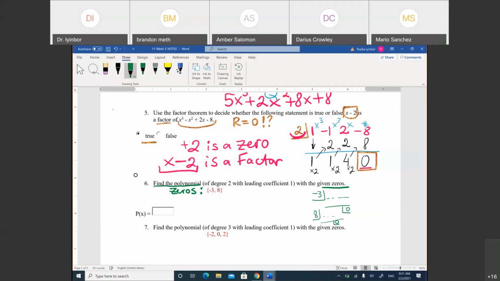So now, from the given 0s, can you find what the polynomial is, what I'm going to put here? So you need to think backwards. Let me give you an example with numbers. The question I'm going to ask you is this. Okay, I have a number in mind. You don't know what number I have in mind, but this number has factors 2 and 5.